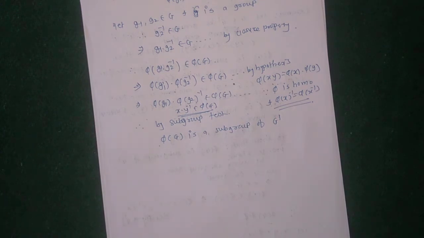Okay, now here phi of G is a subgroup of G dash.